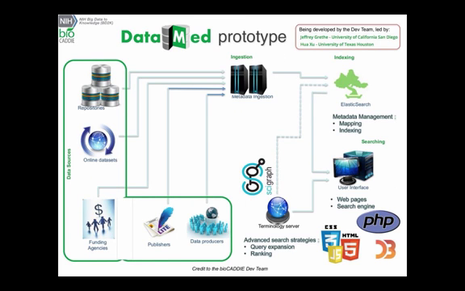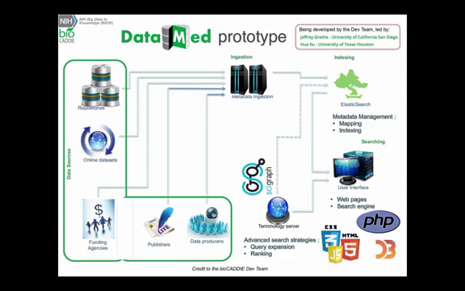Okay, so this is another slide giving some overview of the prototype, which is being developed within the bioCADDIE consortium by the development team led by Jeff Grethe at UCSD and Hua Xu at the University of Texas.